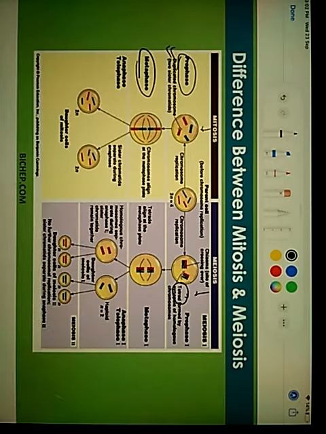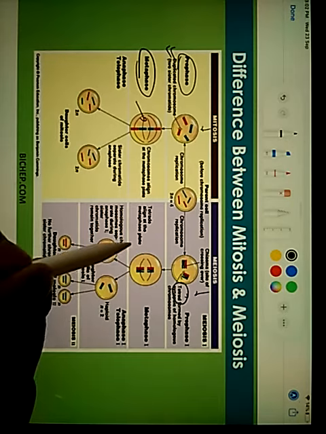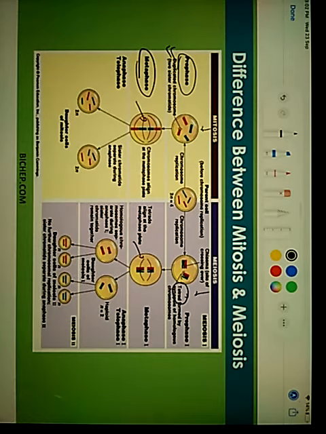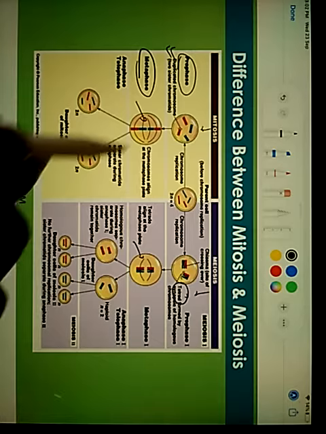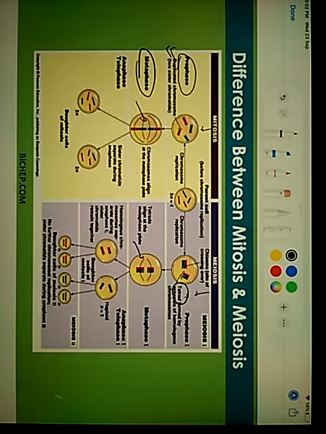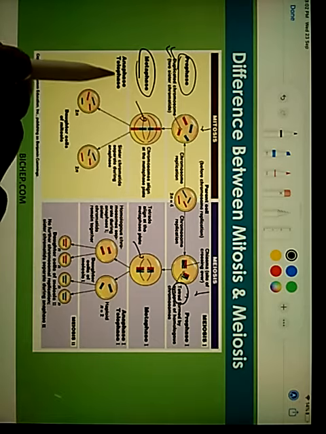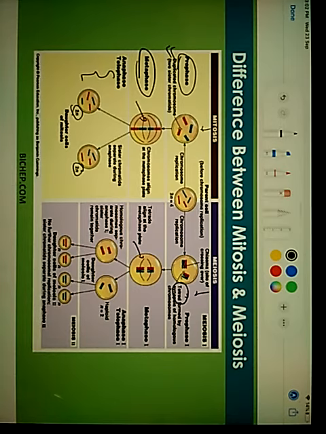During metaphase, a single metaphase plate in mitosis, and here two metaphase plates will form, right? So single and double metaphase plate, and here two diploid cells will be produced, and here four haploid cells will be produced.